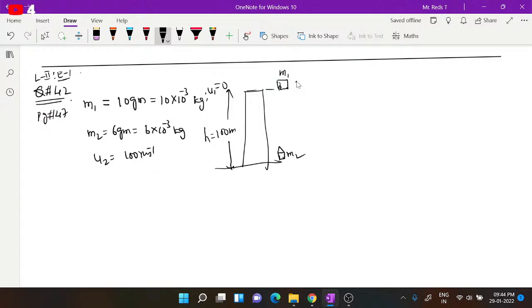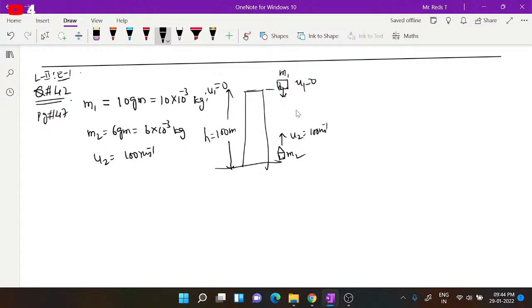The moment the block is dropped with initial velocity 0, the bullet is fired up with velocity 100 meter per second. After some time they will collide with each other. After collision they will stick together and move in one particular direction. Whether they move downward or upward, that you have to understand.